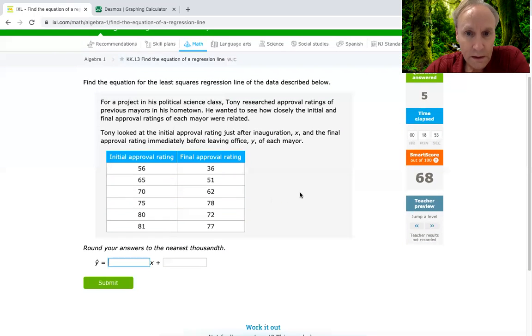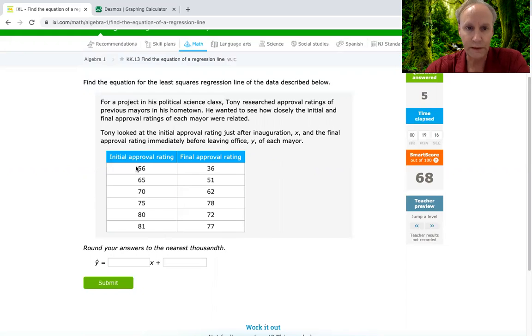Approval rating. Final approval rating immediately leaving office for each mayor based on initial approval rating. Oh, so he did a study before and after for mayors. Now let's see. The approval rating is definitely going up over here, and it seems to be going up over here. There does seem to be a relationship.